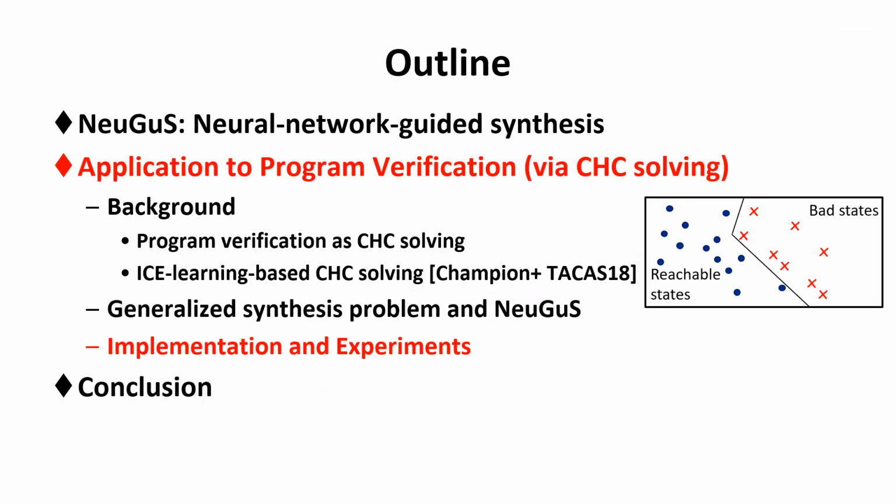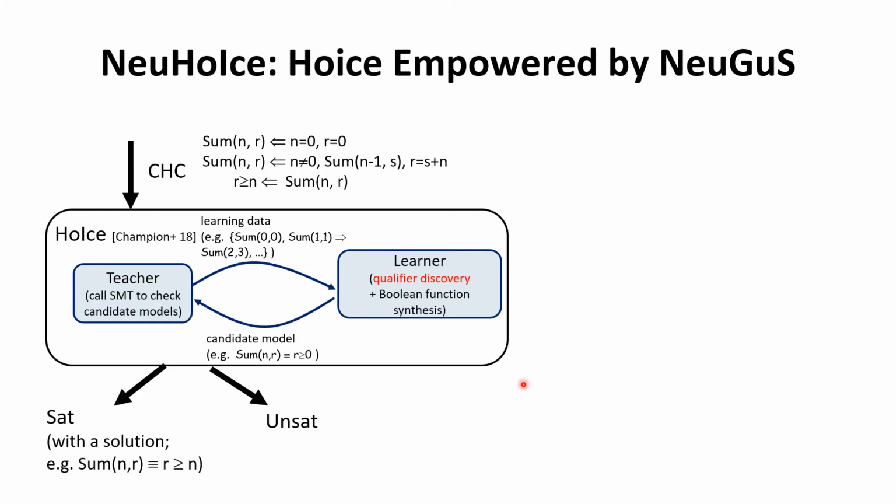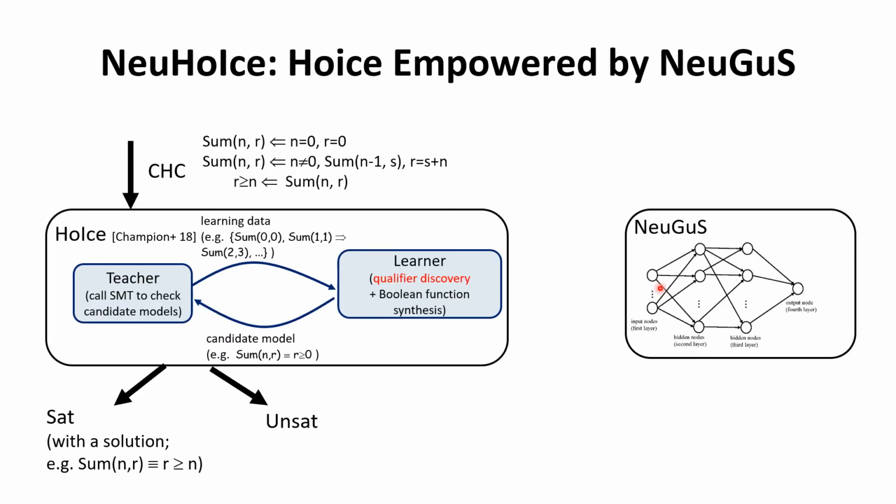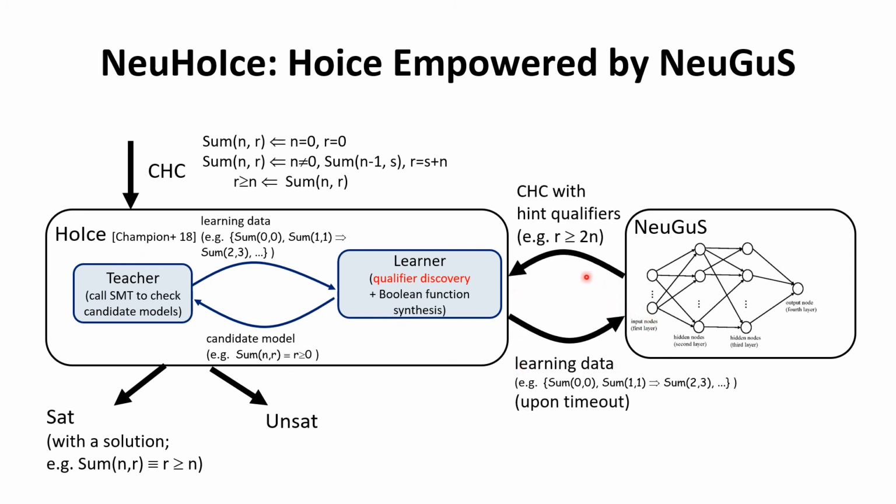We have implemented the extended NeuGus method. So we have extended Hoist with our NeuGus framework so that given a CHC problem, we first run Hoist, but periodically invoke NeuGus to find appropriate qualifiers. And we repeat this cycle until Hoist succeeds to prove or disprove the satisfiability of the given CHC.